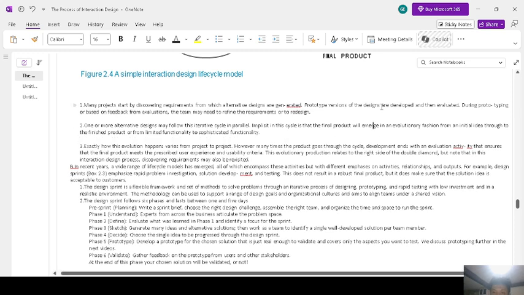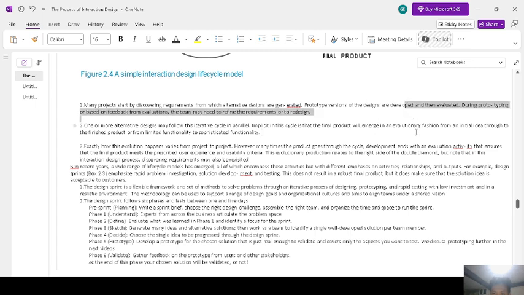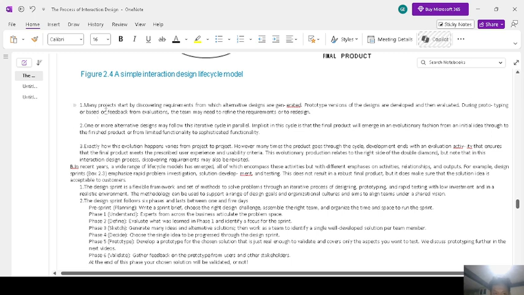The prototype versions are developed and evaluated. During prototyping or based on feedback from evaluations, the team may need to refine their requirements or design. One or more alternative designs may follow this cycle. Implicit in this cycle is that the final product will emerge in an evolutionary fashion, from limited functionality to sophisticated functionality.